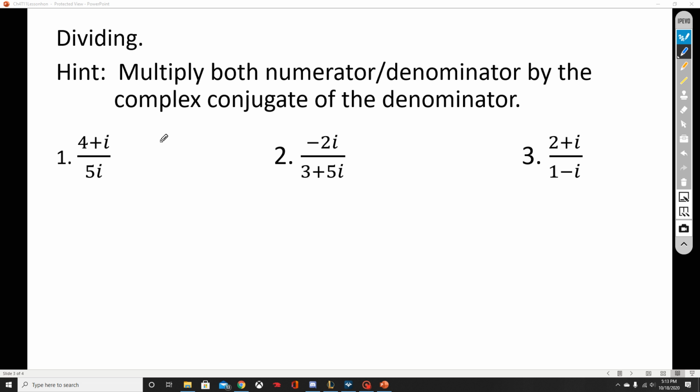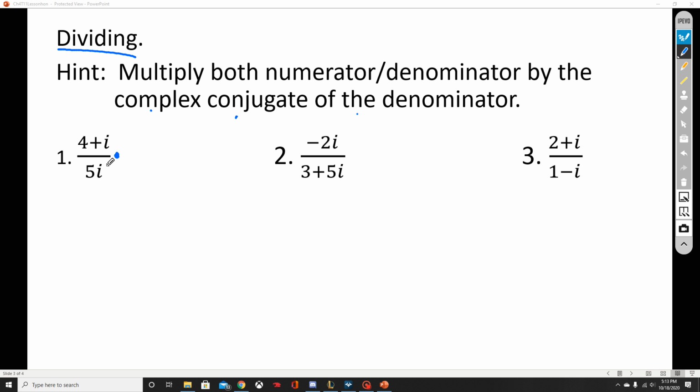So number 1, we're going to multiply the top and the bottom, the numerator and the denominator, by the complex conjugate of the denominator. So when dividing, this is how we divide.